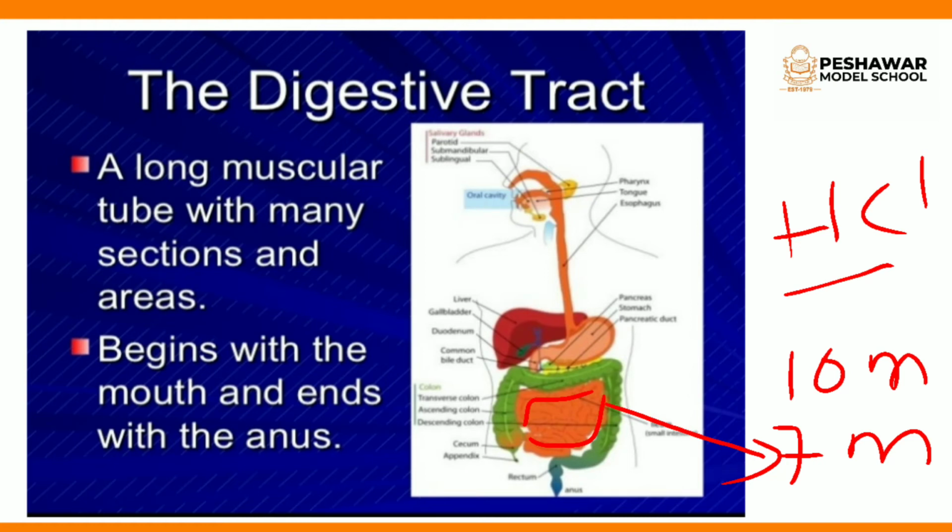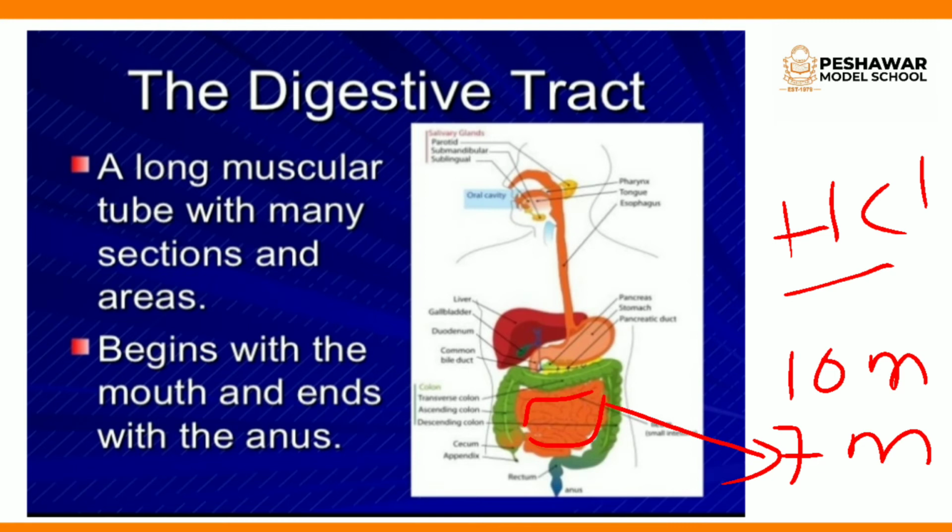So now the food is pushed through the stomach into the small intestine. A little at a time, bile is squeezed on it. Now bile is made by the liver. This one is the liver. So the liver makes the bile, and this bile is then stored in the gallbladder.